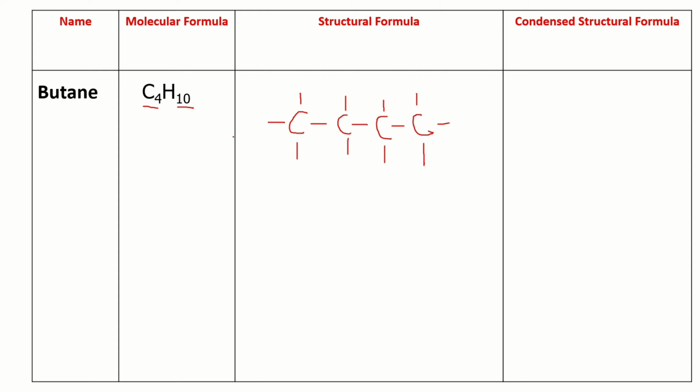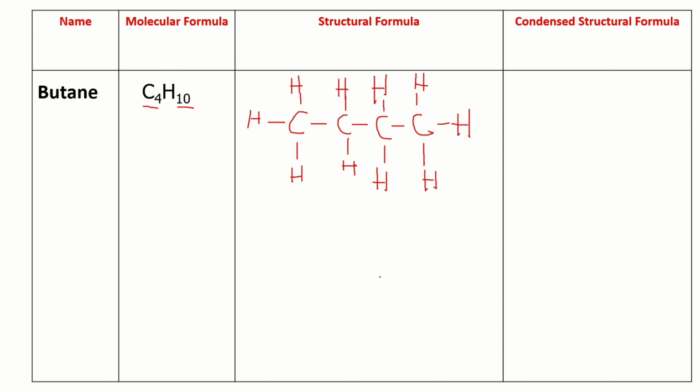We got 10. 1, 2, 3, 4, 5, 6, 7, 8, 9, and 10. This is the structural formula of butane.